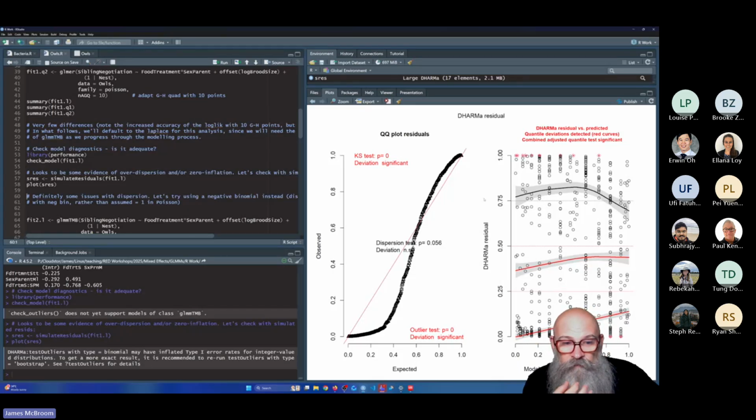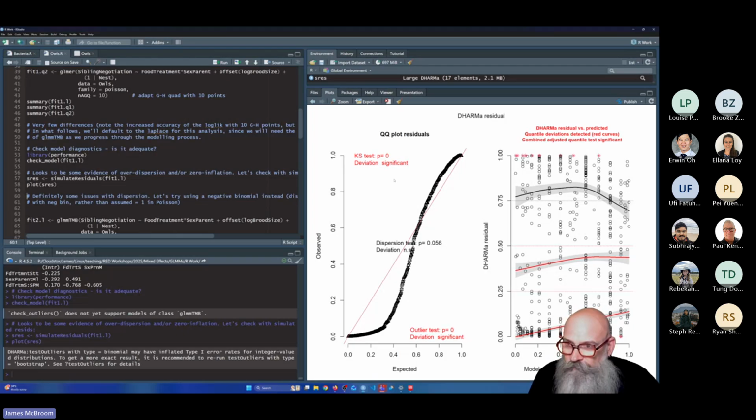The dotted black lines are the theoretical quantile regressions if the residuals are okay. The darker red lines with the grey around them, the confidence intervals, are what you're observing. So what you're hoping is that these things line up on the dotted lines. If they don't, you've got some issues.